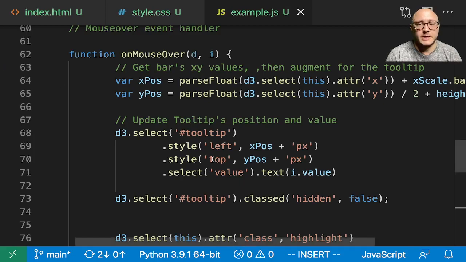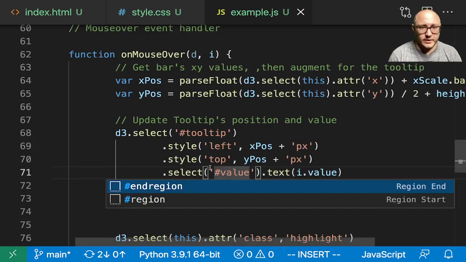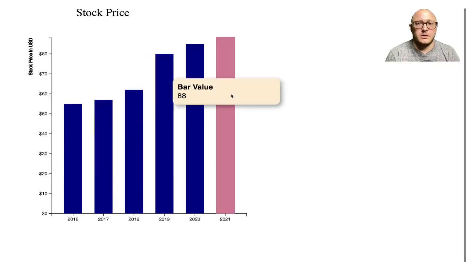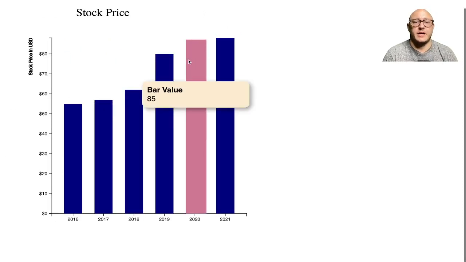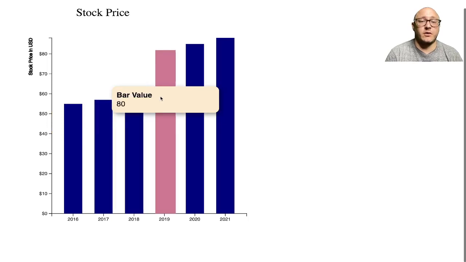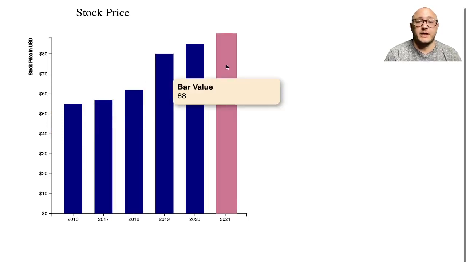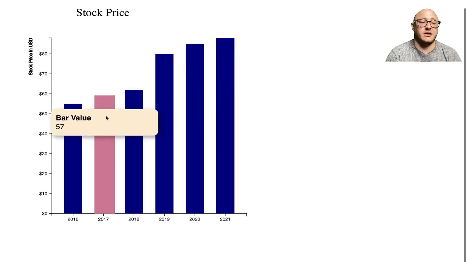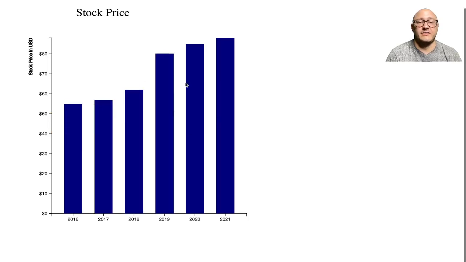Oh, actually, yeah, that's what I thought, right here, value. So now we actually have our tooltip. As you can see, each of these is changing now from its perspective. So this bar value is 88, 85, 80, 62, 57, 55.